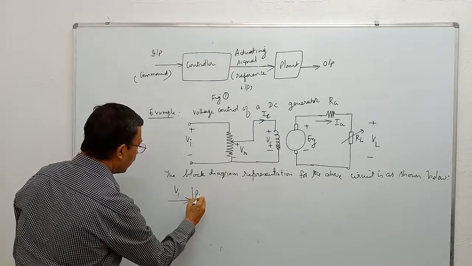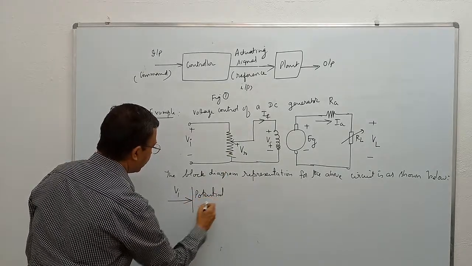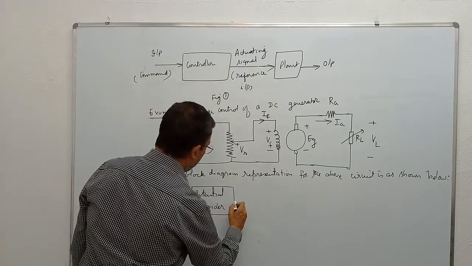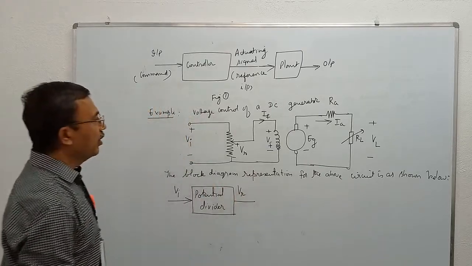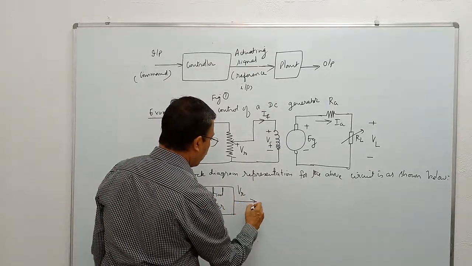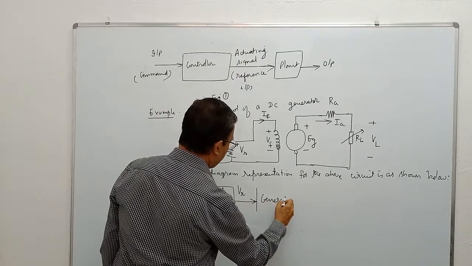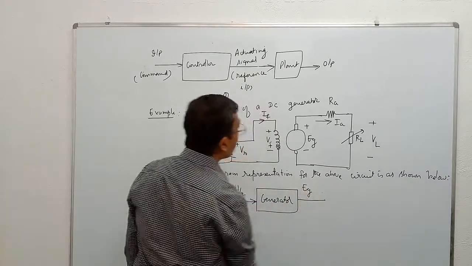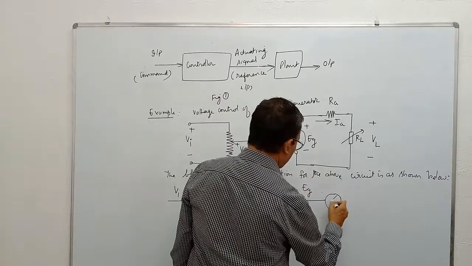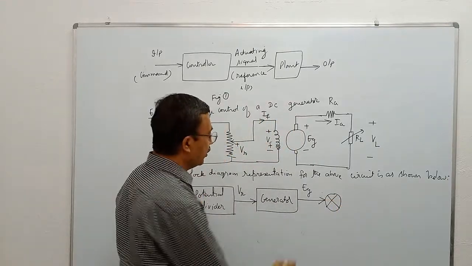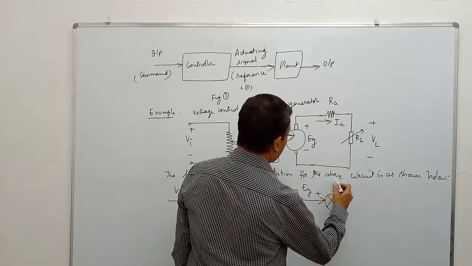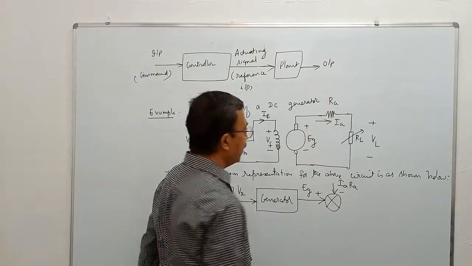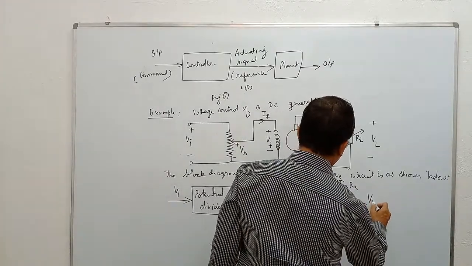This is the potential divider. The output of the potential divider is VR. Making use of this VR, the generator produces an open circuit voltage Eg. From Eg, we shall subtract. This is the symbol of a summer. This is plus. This is minus. We subtract the voltage drop Ia Ra. From Eg, if you subtract the voltage drop Ia Ra, you get VL.